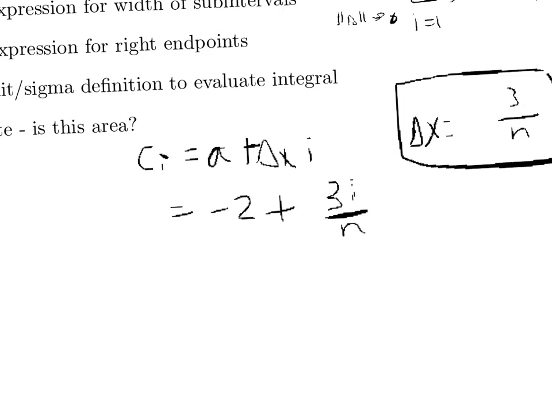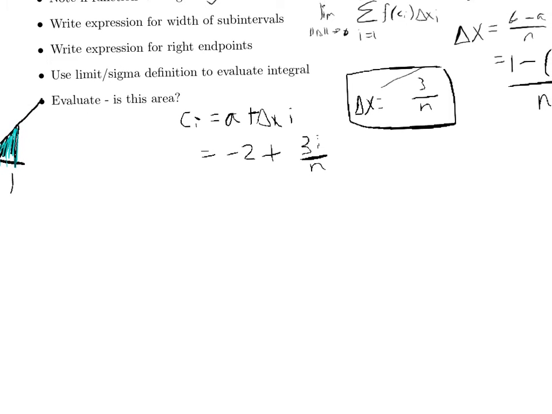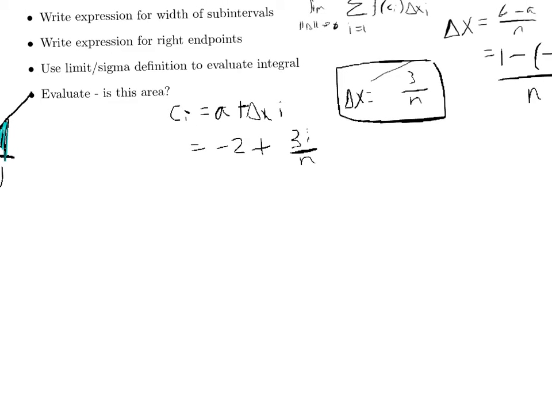Okay, now we've got the tough part done. And again, this is just making simpler choices because we know they work for this particular problem. Now we have to plug it all in.